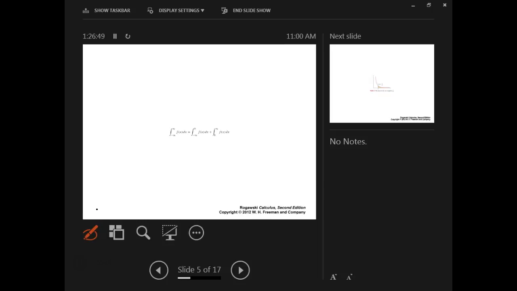Let's do example 4. Find the integral of x squared plus 2x plus 10 divided by x squared plus x minus 6 dx. How would you proceed?